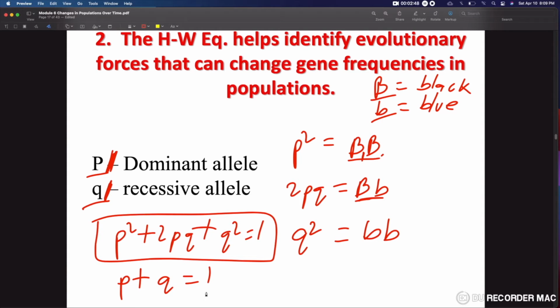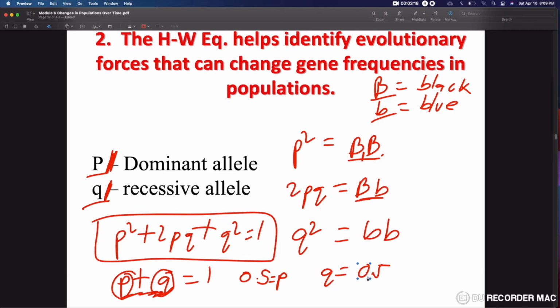So, this equation says that the ratio of your p allele and the ratio of your q allele in a population is always equal to 1. If p is equal to 0.5, your q is also equal to 0.5.